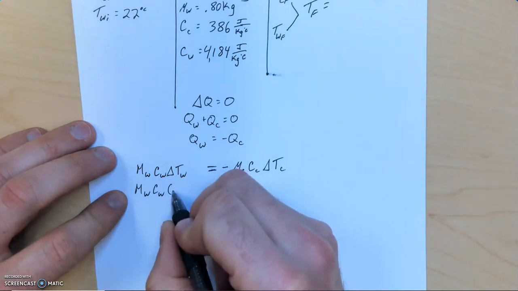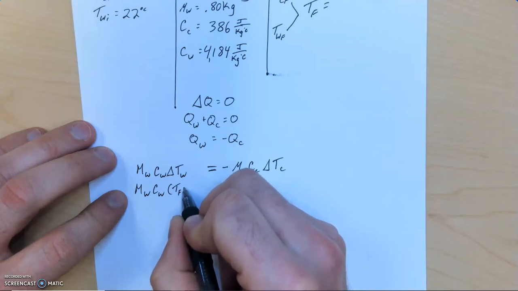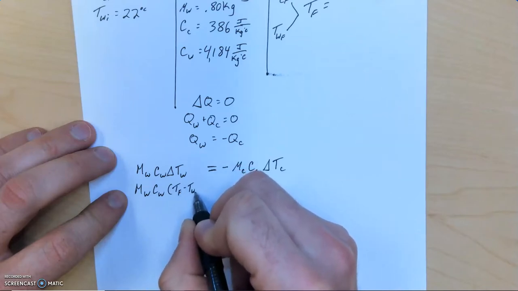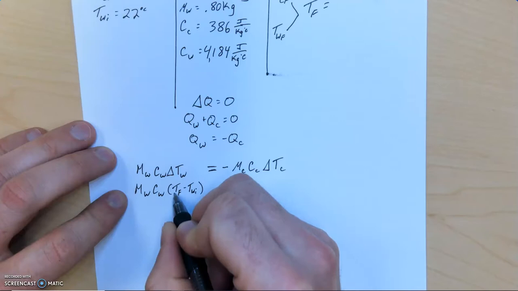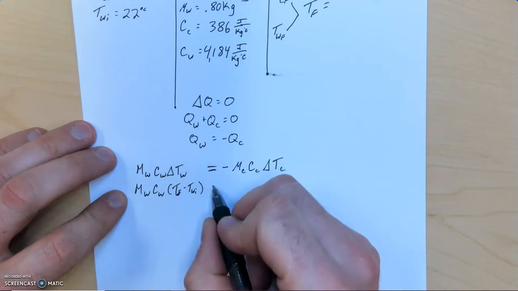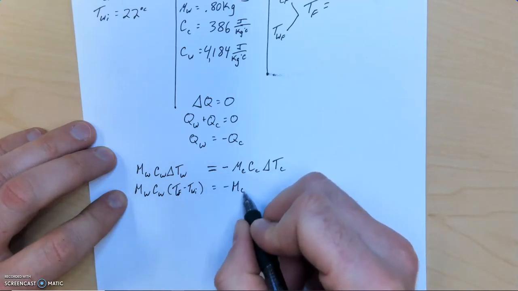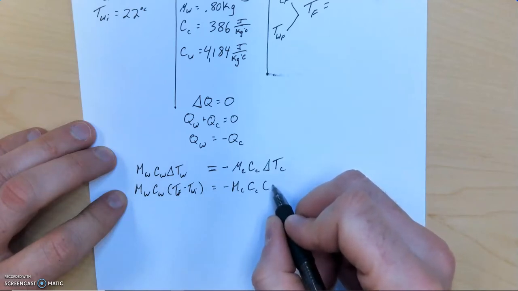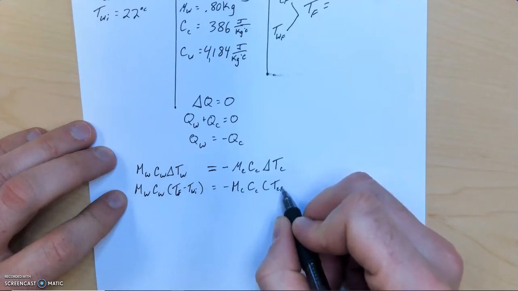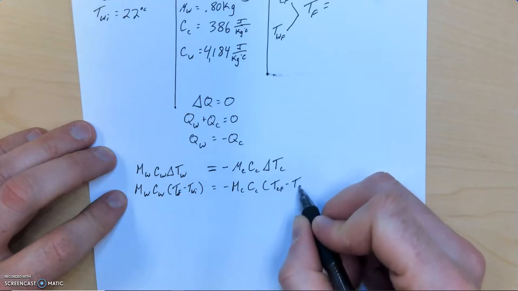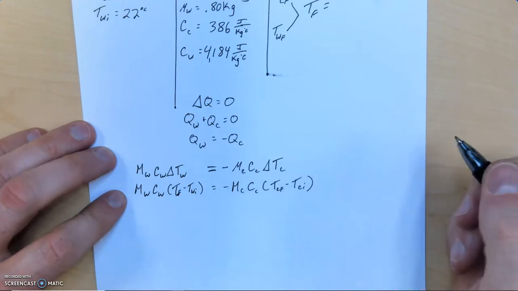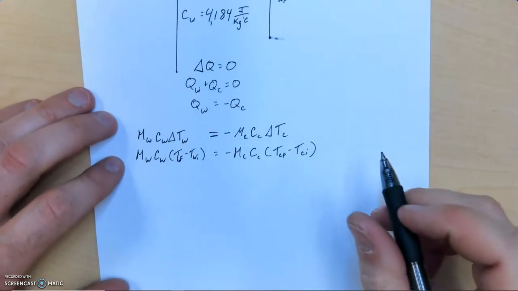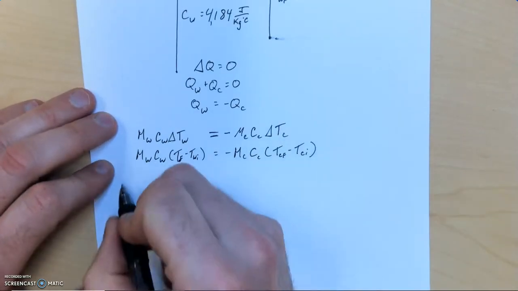And we actually have the temperature final minus the temperature of the water initial. Well, that should be a W there. It's going to equal the mass of the copper, specific heat of the copper, the same thing. Temperature of the copper final minus the temperature of the copper initial. So I like to kind of write it out so I know where to stick all my numbers. So let's fill this in.